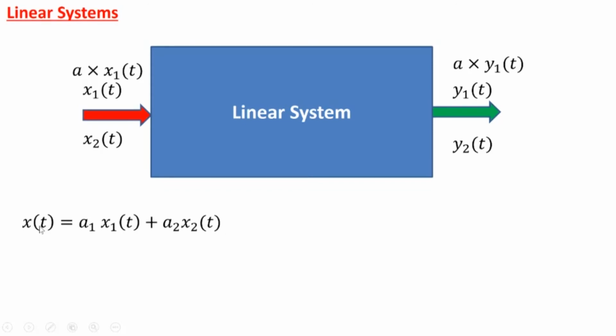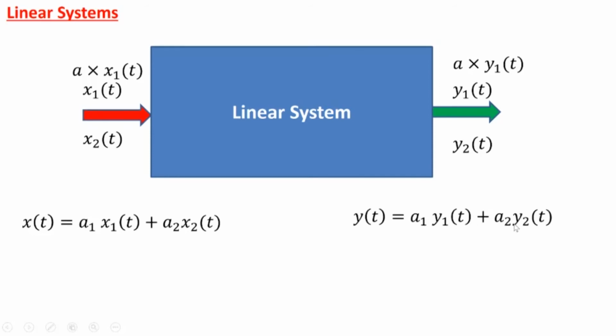Linearity means that suppose I know the response to x1, which is y1, and I know the response to x2, which is y2. Suppose I apply one single signal, a1 x1 plus a2 x2. What will be the response at the output? Because it's linear, I already know the response to x1 is y1 and to x2 is y2, so the response will be a1 y1 plus a2 y2.